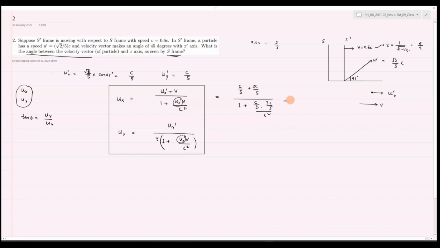It will come out something the same way.